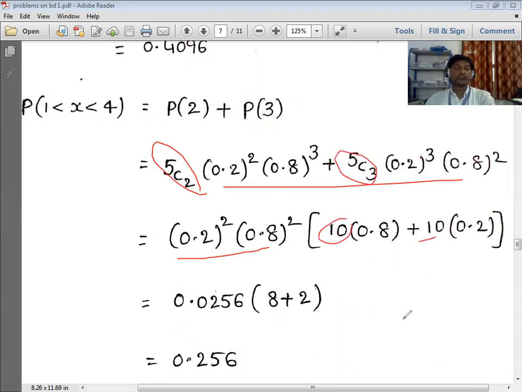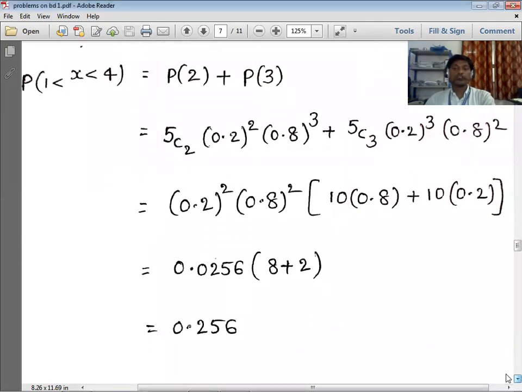So we substituted that, and next 0.8 and 0.2 are the remaining ones. So 0.0256 into 8 plus 2, which is equal to 0.256. So this is the probability between 1 and 4 defective items.